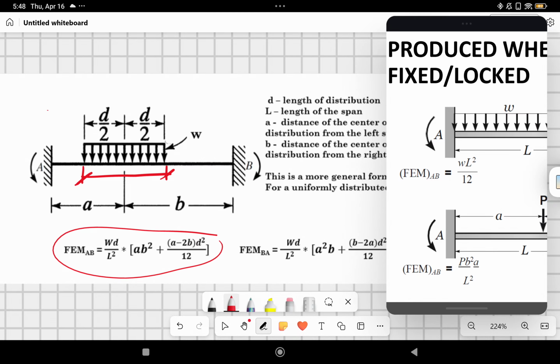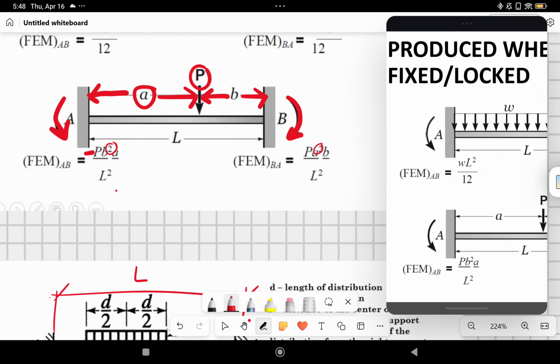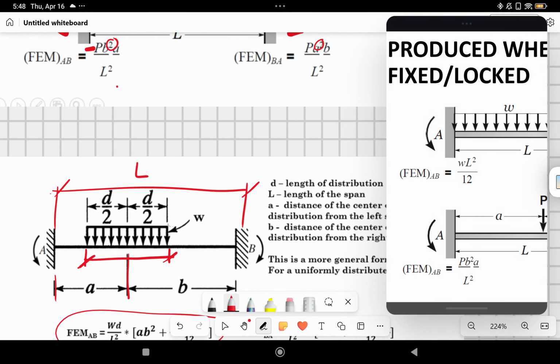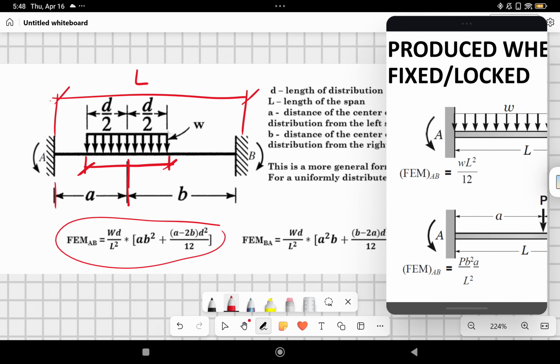L is the length of the beam pa rin, or the length of the member. And then A, parang doon sa concentrated force, that is from the left. Dito naman, since uniformly distributed siya, kukunin lang natin from the left hanggang doon sa gitna. Dito naman, yung B from yung gitna hanggang doon sa right end.